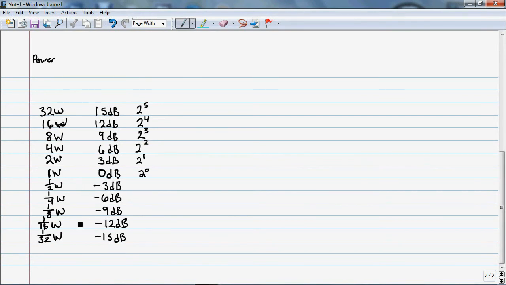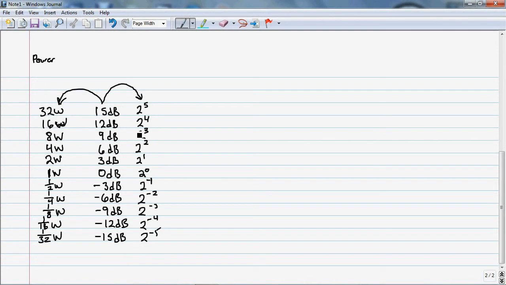If I'm going negative decibels, then that's going to be 2 to the negative 1, 2 to the negative 2, 2 to the negative 3, 2 to the negative 4, and 2 to the negative 5. So we can relate not only the decibels to these values, but we can relate it to the exponent of the powers of 2.